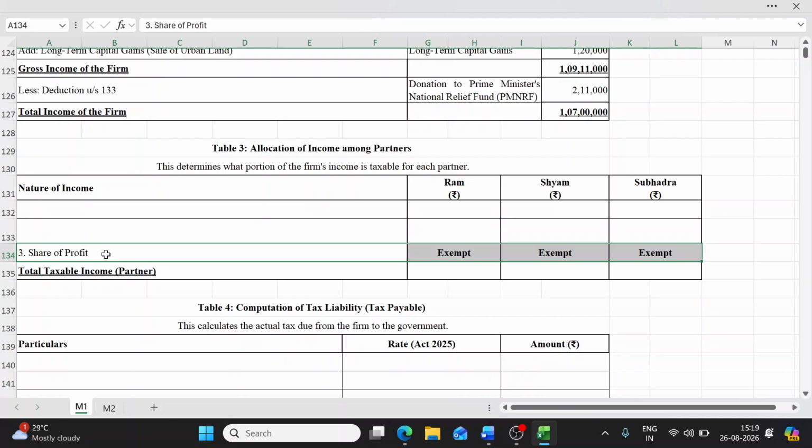I'll begin with the simple thing, that is share of profit. Share of profit received from the partnership firm by the partner is exempt in the hands of partners. I'll give you an example.